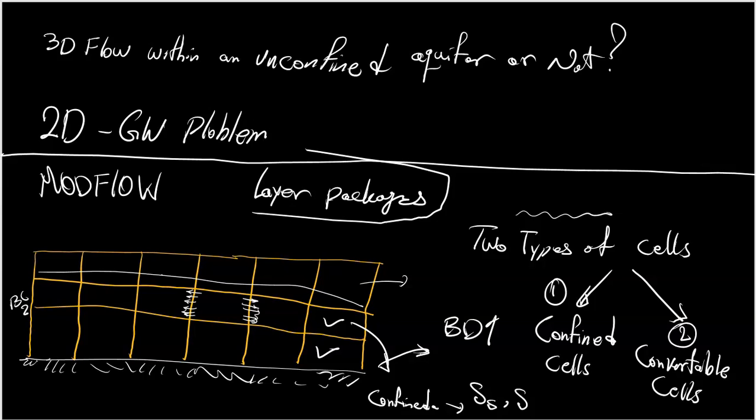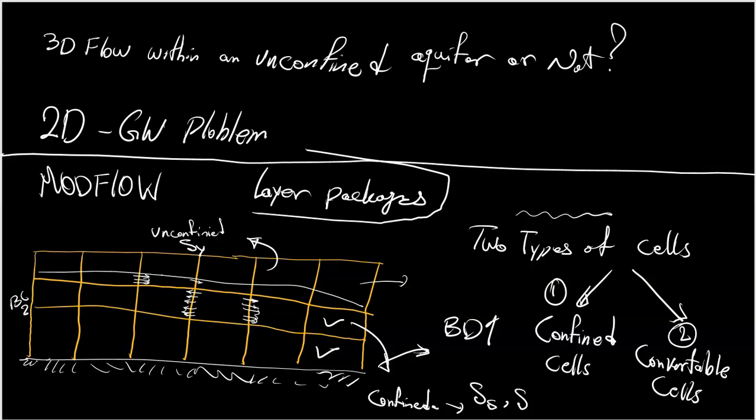But if the groundwater table is below the top of the layer like this, it will consider this as an unconfined aquifer, and the unconfined groundwater equation, which is 2D, is valid there, and it will use Sy storage coefficients. It is very important that the model now considers the saturated phase as the phase associated with the flux changes.